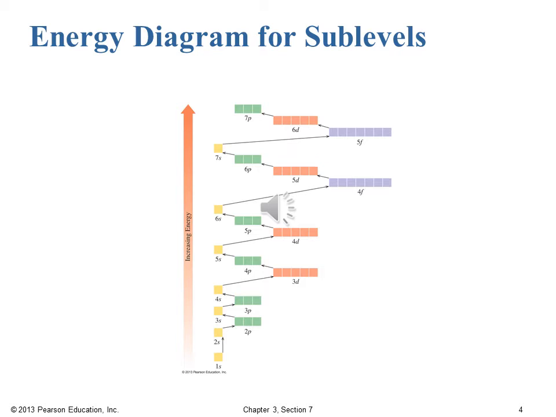The f's are actually 2 less than the energy level you would expect. So the 6s fills before the 4f does. So just remember the d's appear 1 period later than you'd expect, and the f's appear 2 periods later. Because you fill the 6s before the 4f, you fill the 7s before the 5f.